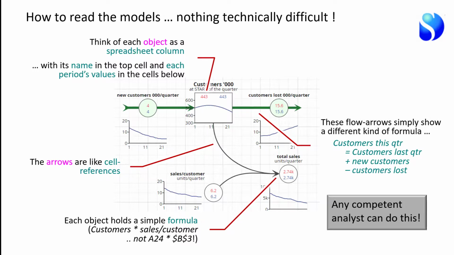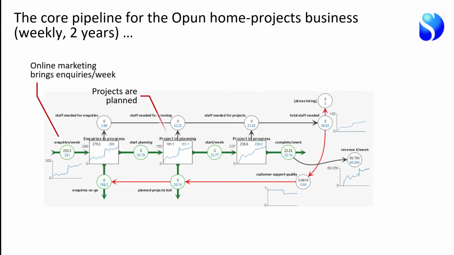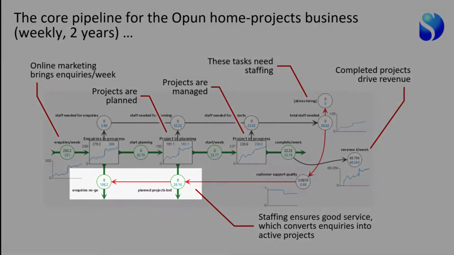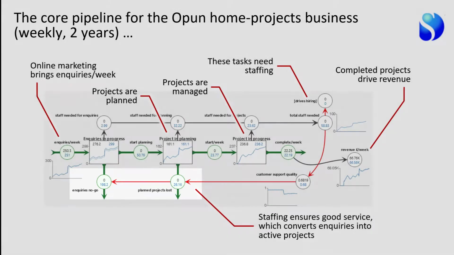Here is the core pipeline for the Opun Home Projects business. This one is running weekly over 2 years, with marketing bringing in those inquiries on the left, projects going into planning, projects being managed, and that drives the need for staffing at the top. Completed projects drive the revenue, and down at the bottom you've got the impact of quality on the loss of customer inquiries and projects in the planning stage.